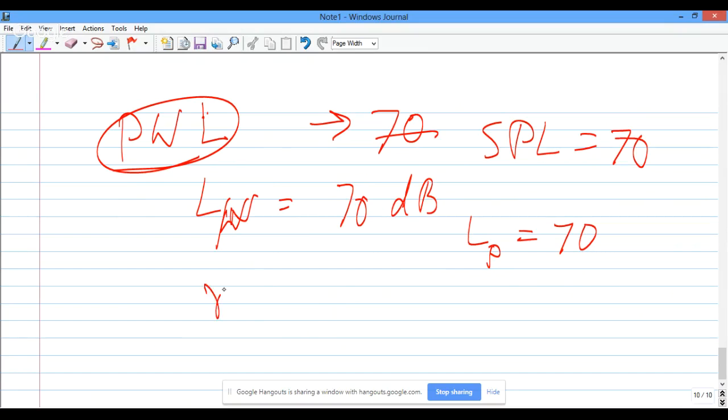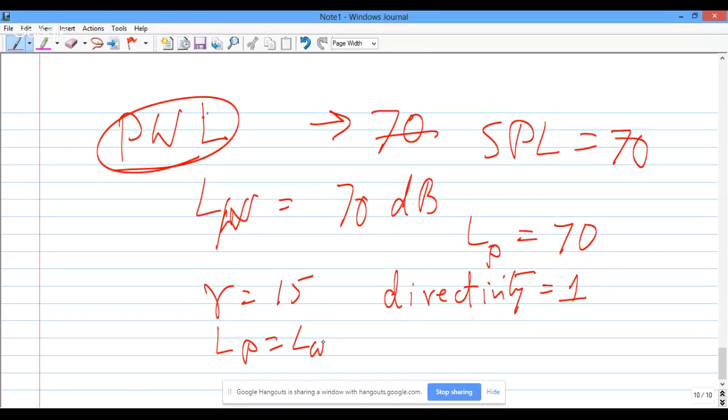At a distance of R equals 15 meter. So open field with directivity given as 1, which is all directed towards that side. So what is the power level? LP equals LW plus DI minus 20 log R minus 11.